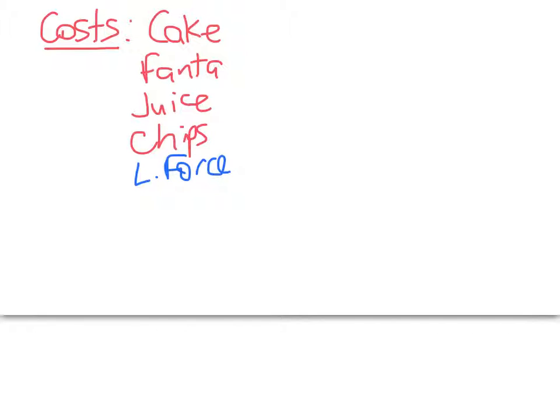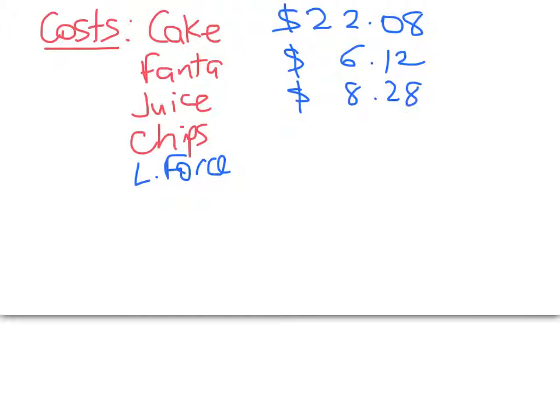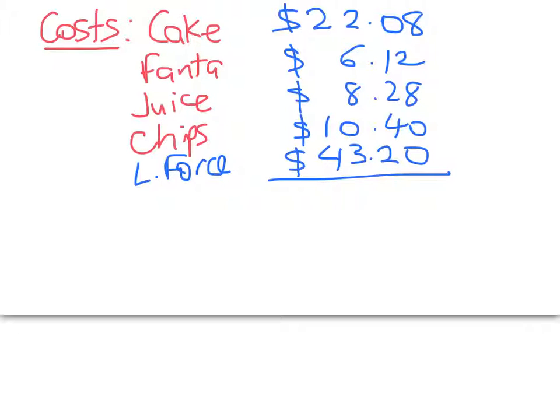Right, and because I've done my setting out well earlier, it makes it really easy to pull the right numbers out. So cake, $22.08, Fanta, $6.12, juice, $8.28, chips, $10.40, Laser Force, $43.20. Right, add them all up and I get total.